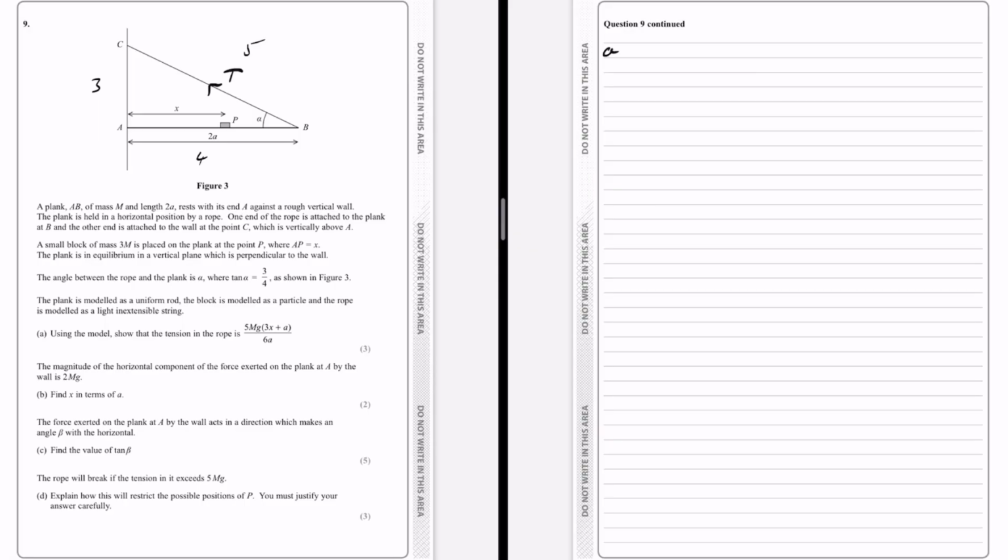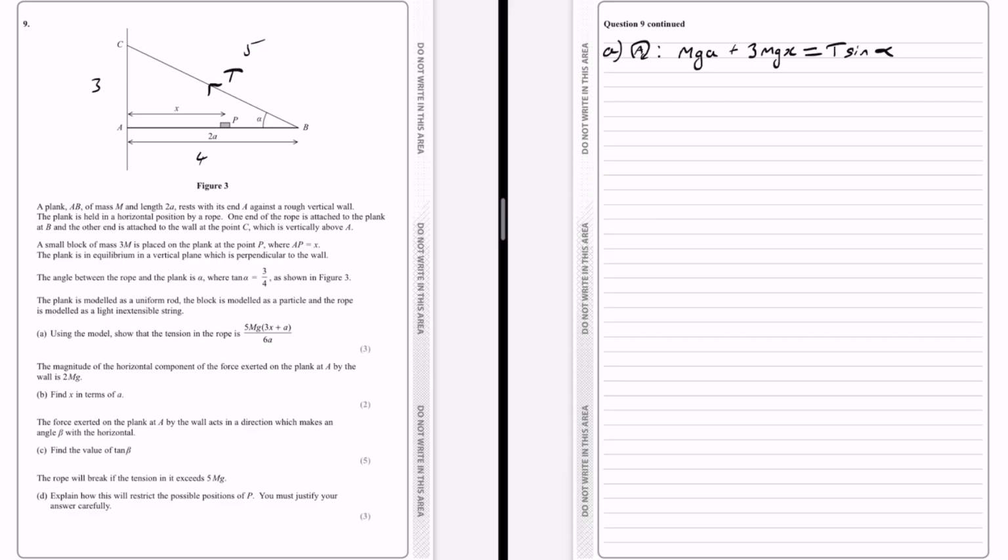For part A, we're going to take moments about A. Clockwise moments about A to start with. Well, we've got the mass of the plank, so we take the centre of mass in the middle, times it by its weight, mg. So it's going to give us mga, plus the weight of the block, that's 3mg times x.